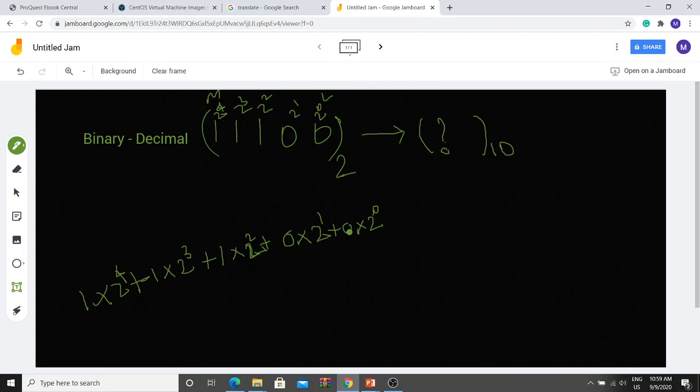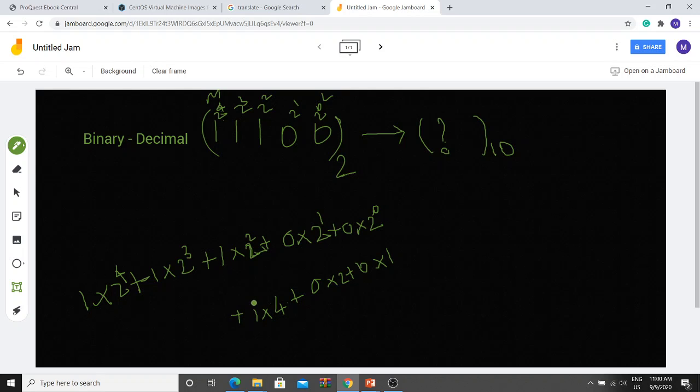So what is the value of 0 into 2 to the power 0? 2 to the power 0 is 1, and 1 into 0 is 0. Plus 0 into 2 to the power 1, which is 2. Then 2 to the power 2 is 4, so 4 into 1.